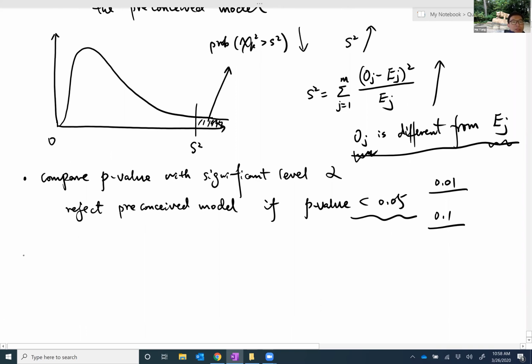Now we have a few rules of thumb when we do this test. The first question is how many bins? Because when we do the histogram, we often have a question, how many bins do we use? So the rule of thumb for the number of bins, this is for the histogram.